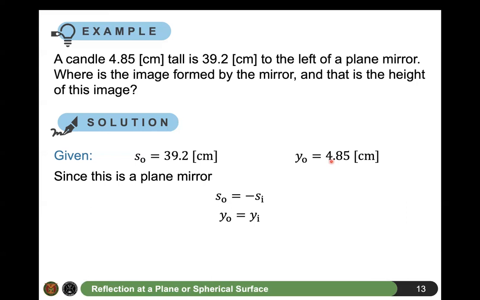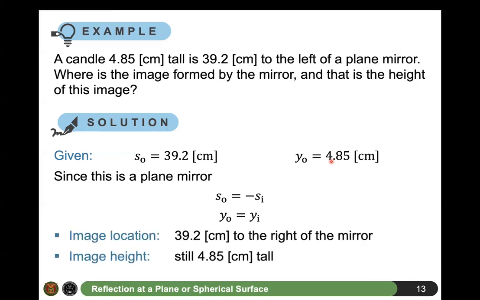And since this is a plane mirror, we can easily find the image distance and the image height using our equations for the reflection on the plane mirror. Okay? So image distance is just the negative of the object distance, and the image height is always the same as the object height. So image location will be 39.2 centimeters, okay, to the right of the plane mirror.